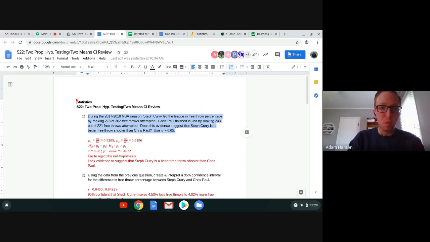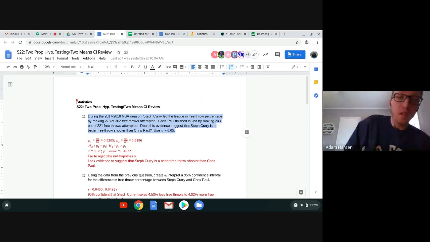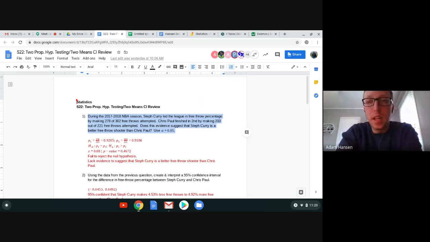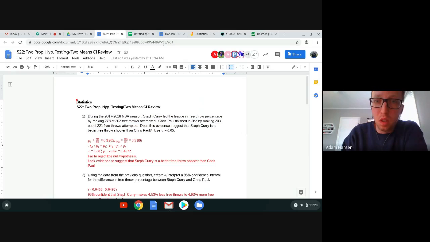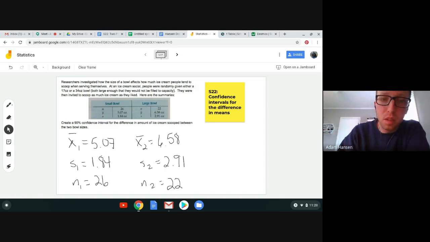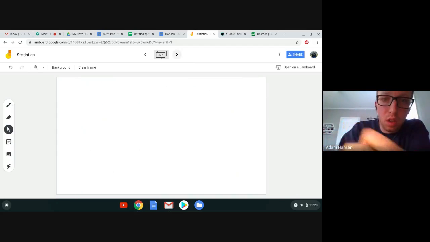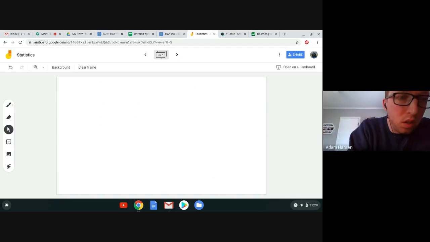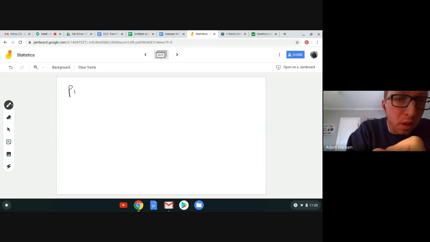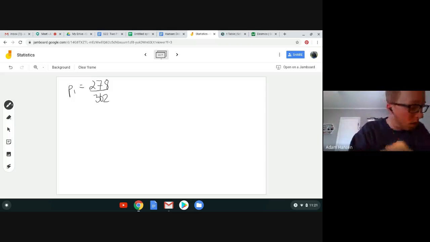So looking at number one, it says that during the 2017-18 NBA season, Steph Curry led the league in free throw percentage by making 278 out of 302 free throws. So let's get that copied down. Proportion one for Steph Curry is 278 out of 302, which as a decimal is 0.9205.